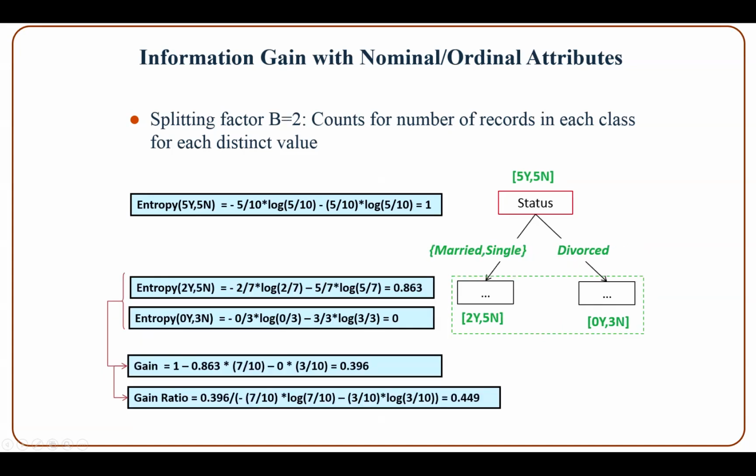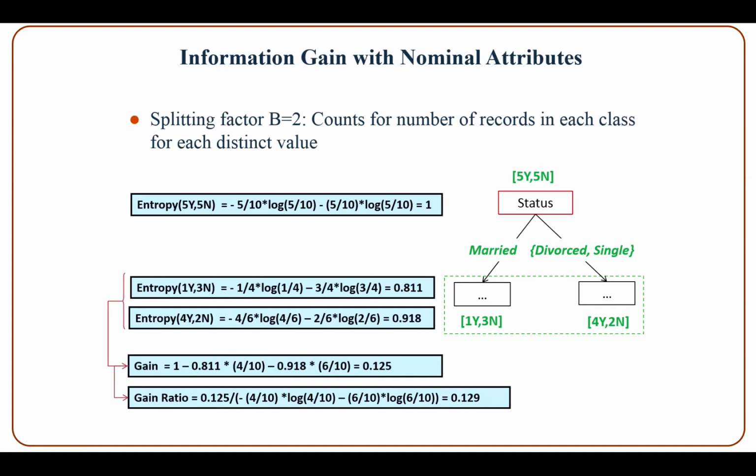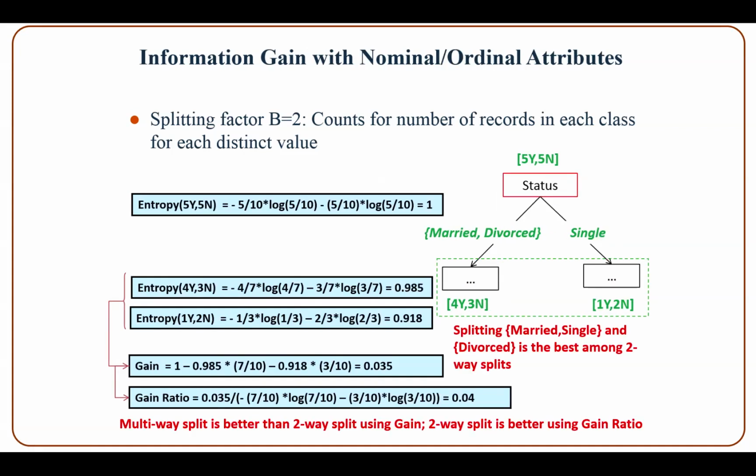If you use the splitting factor equal to 2, then you need to see which combinations of distinct values give the best split. So we go through the same process, and then we can see that splitting with married and single combined, and divorced, is the best among two-way splits.